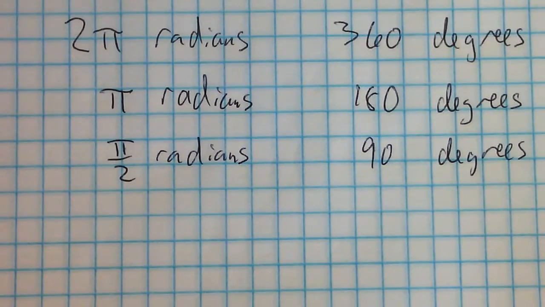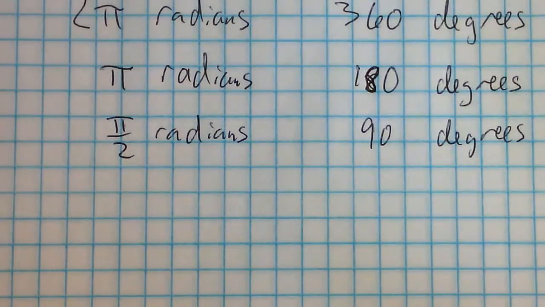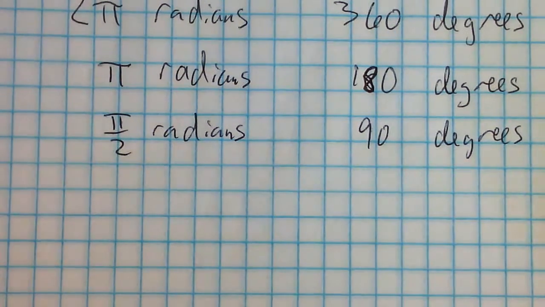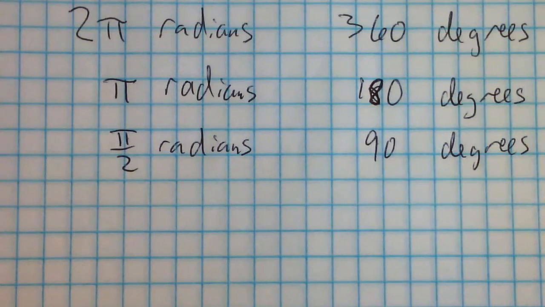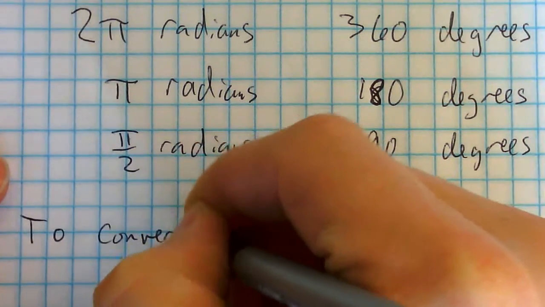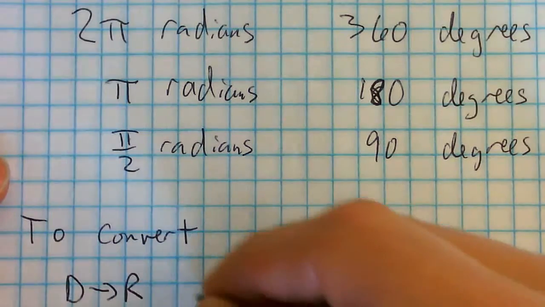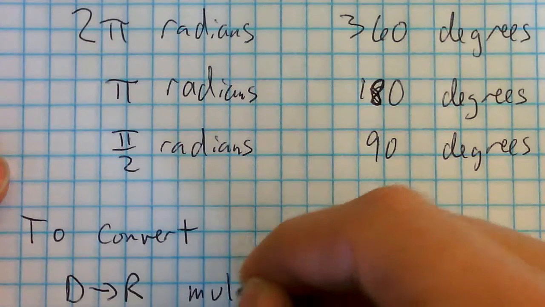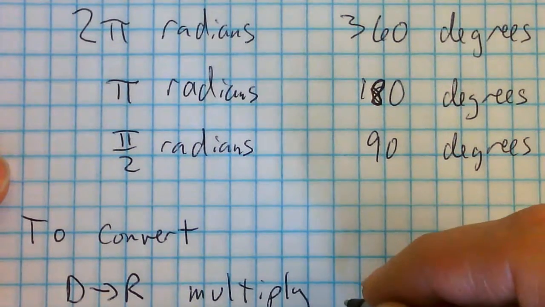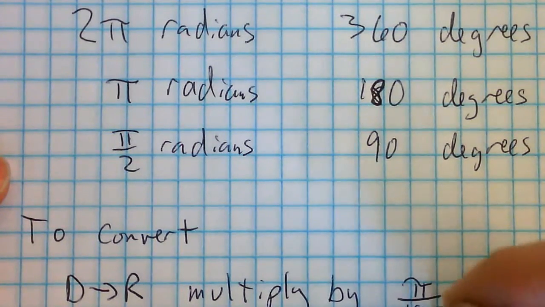Now, to switch back and forth, all you have to remember is that you multiply by 1 to get to the other. So here's what I mean. To convert degrees to radians, multiply by pi over 180.